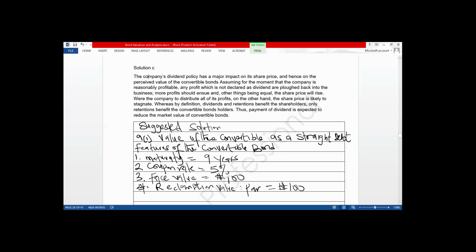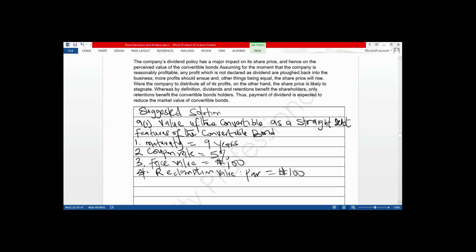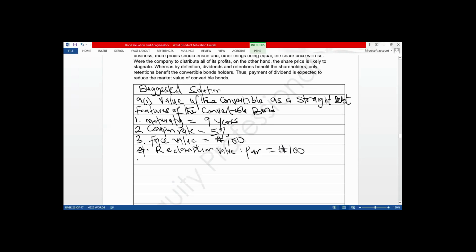Next, determine the expected cash flow for the bond. Come here, working 1. Expected future cash flows. We have annual interest.